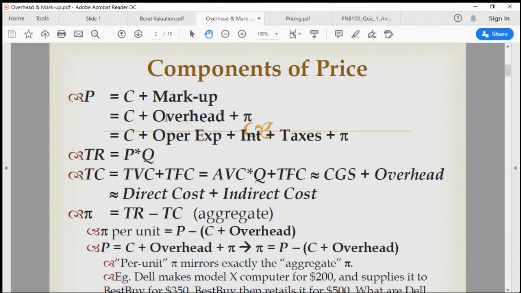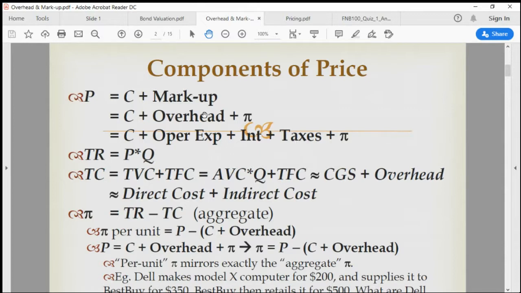In other words, overhead is the envelope term that envelopes these three elements: OPEX, interest, and taxes.